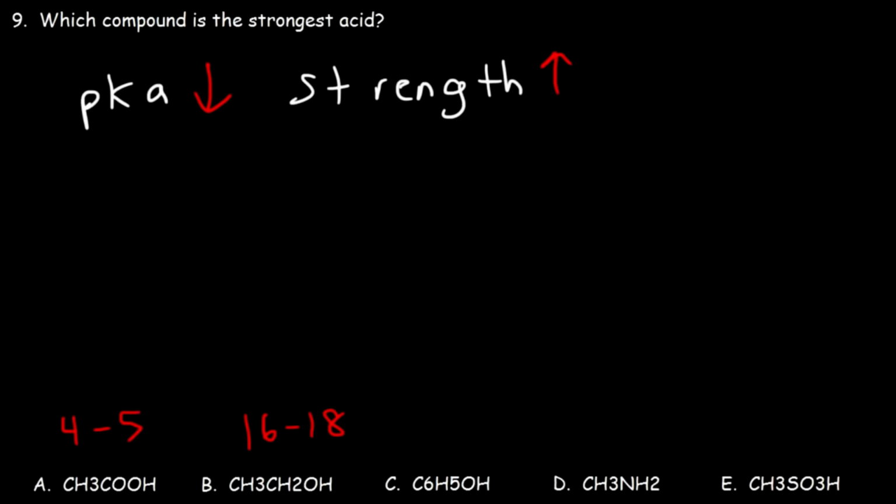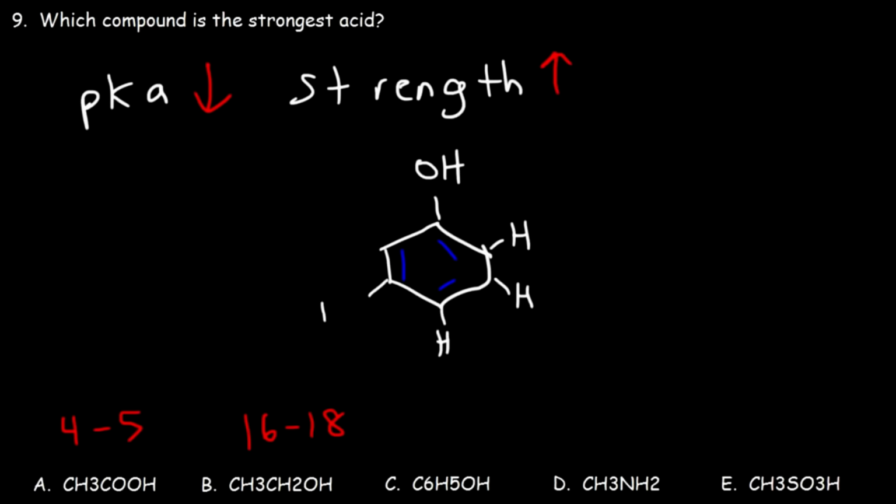Answer choice C represents phenol. It has 6 carbons, 5 hydrogens, and an OH group. Whenever you see C6H5, it's a benzene ring attached to something else. Every carbon atom in a benzene ring has 5 hydrogen atoms. So C6H5 represents phenol. And phenol has a pKa of about 10.